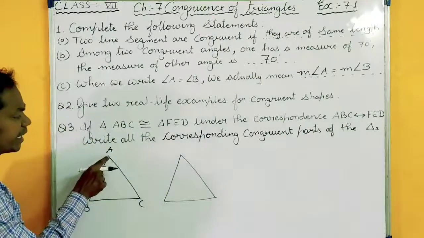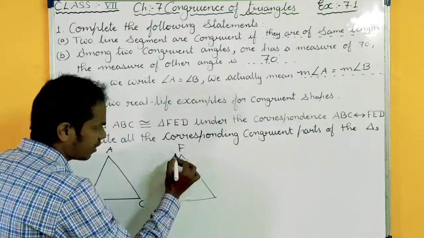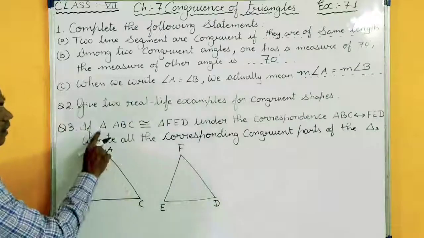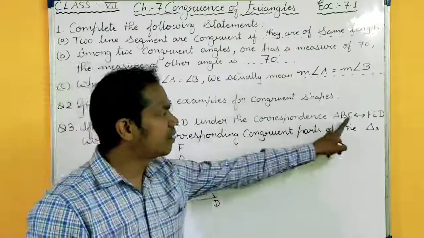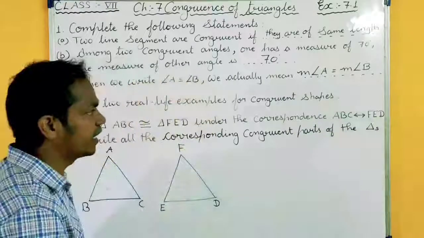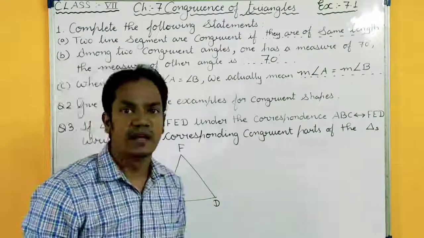I started naming from here ABC, and the second is FED, so I will start from here only, FED. If triangle ABC is congruent to triangle FED, under the correspondence ABC corresponds to FED, write all the corresponding congruent parts of the triangles.